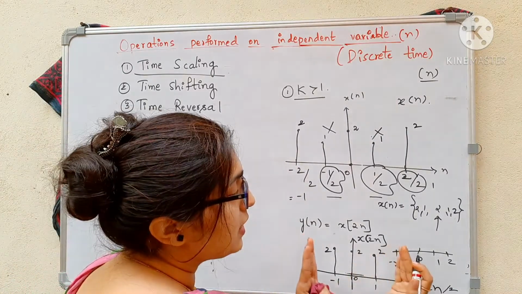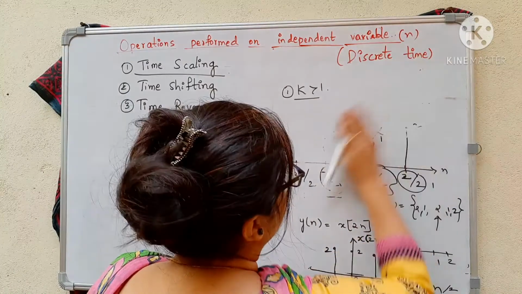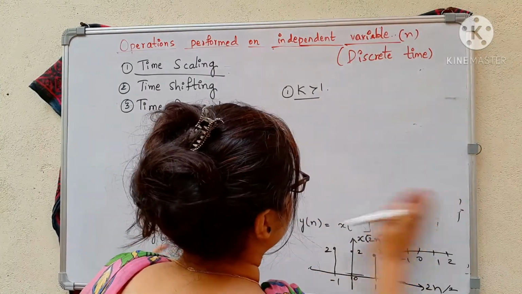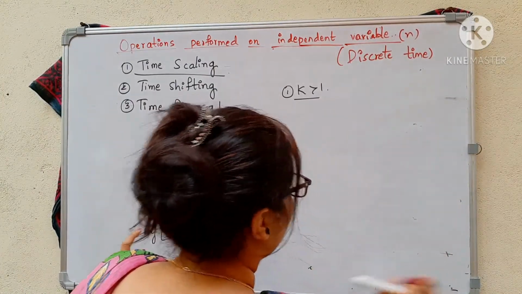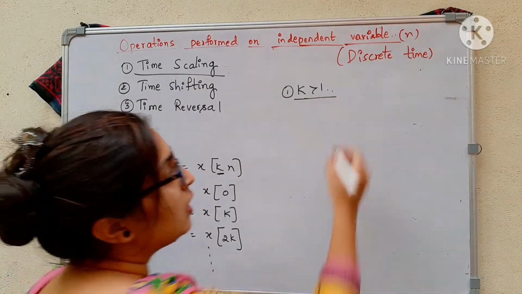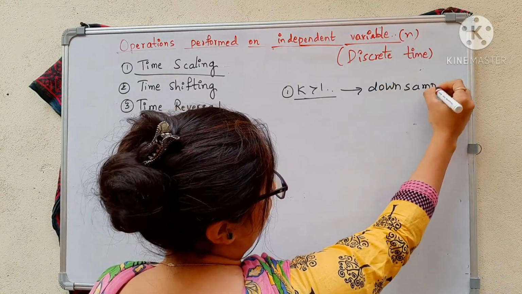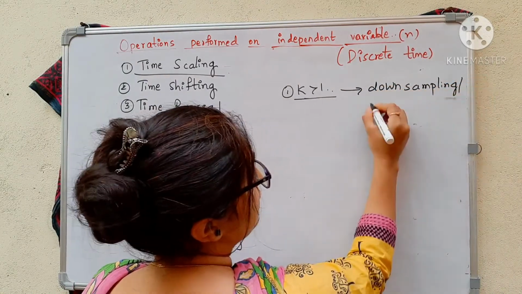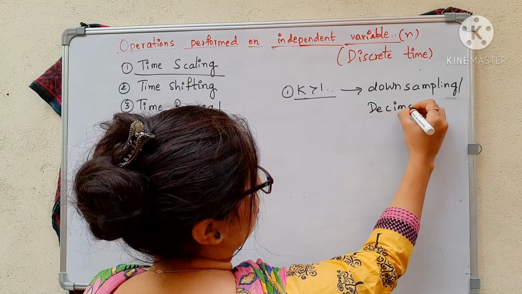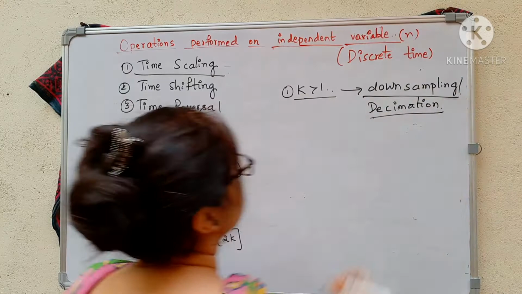Another important point is that when k is greater than 1, this is also called downsampling or decimation.